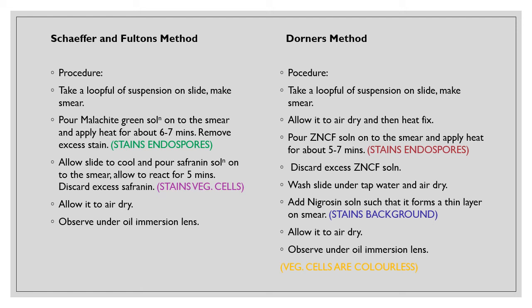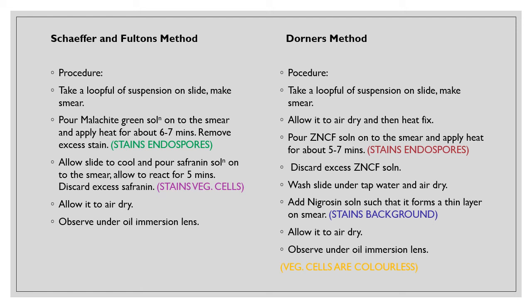Here we are not focusing on vegetative cells; they will remain colorless. Fine. So what is the principle behind Donner's method? As we know, endospores are resistant to most dyes, and the spore coat does not allow the entry of ZnCF.